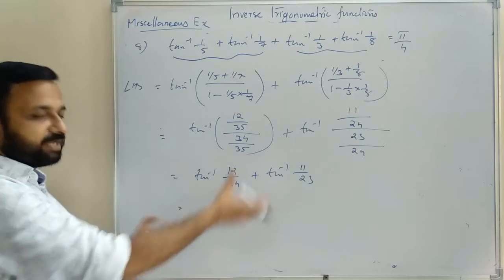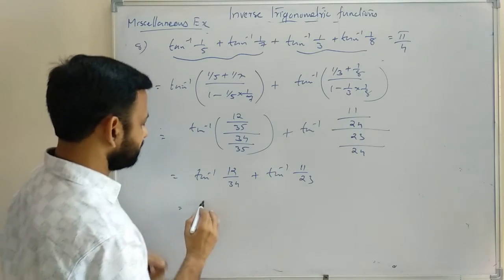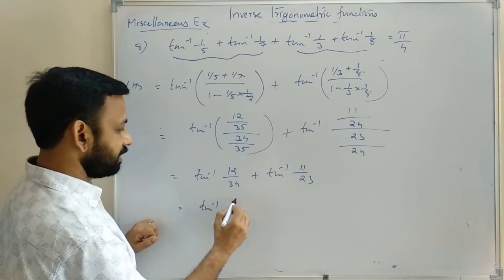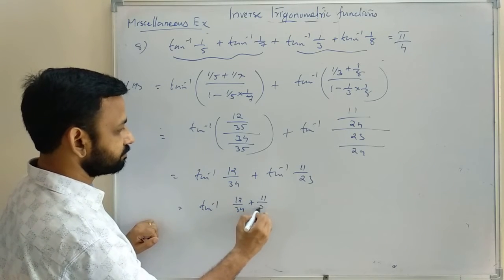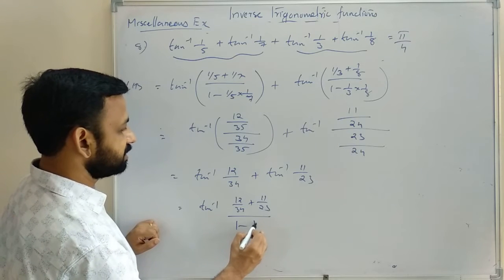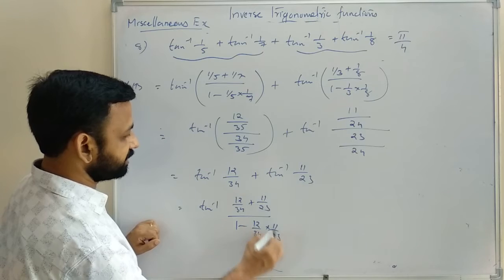Again we can apply the same formula, tan inverse x plus tan inverse y, that is tan inverse of x plus y divided by 1 minus xy, with 12 by 34 and 11 by 23.